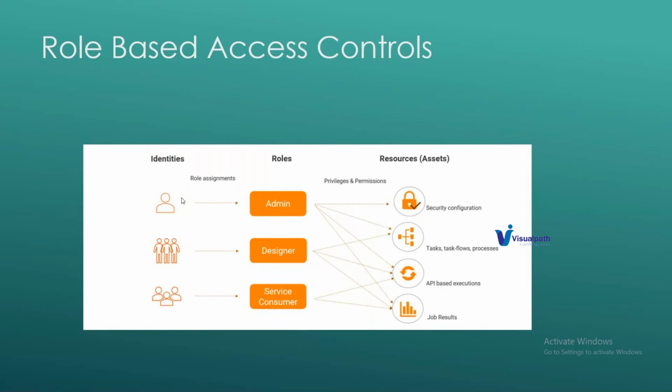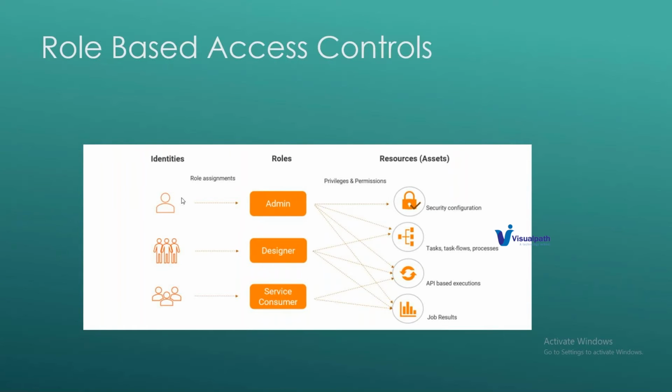We have different identities in the organization. You have an admin who is also a super user, having all the privileges and permissions. He installs the secure agent, ensures the licenses are taken care of, and performs all the functionalities to make sure the application is up and running.